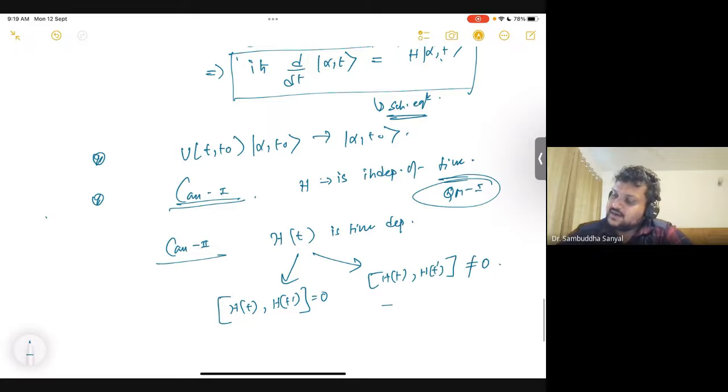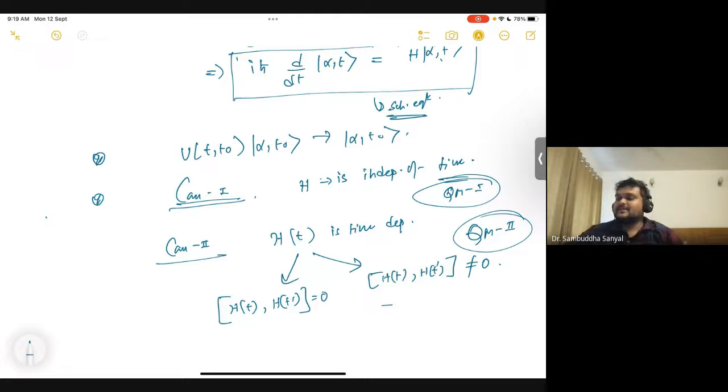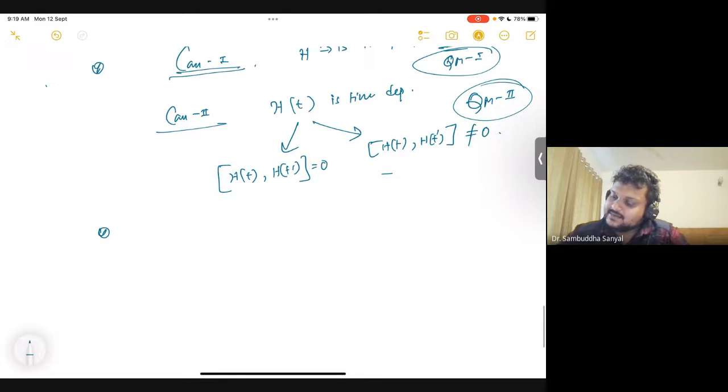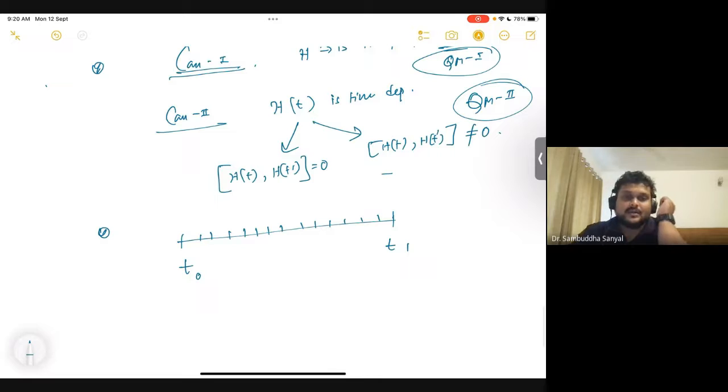So these two we will learn in quantum mechanics 2, and they have some special consequences, because you will see in a moment that in order to get a finite translation, so let's say I'm going from some t0 to t, I want to do it in small steps.